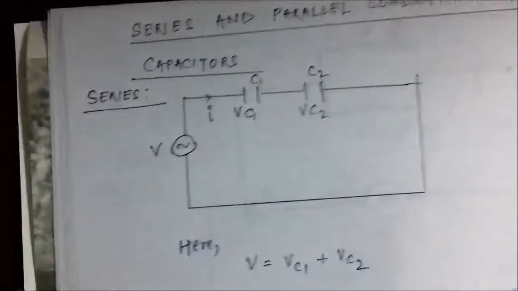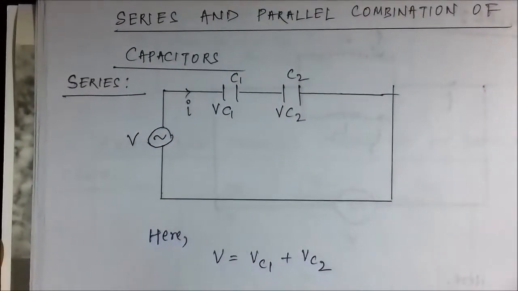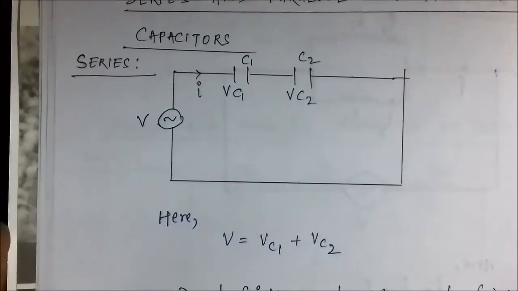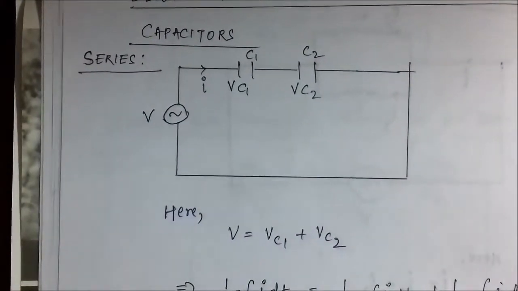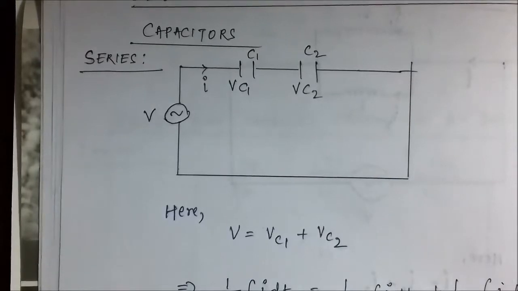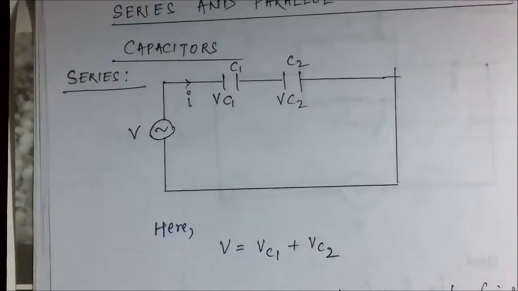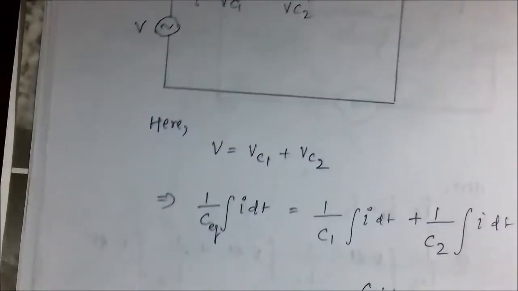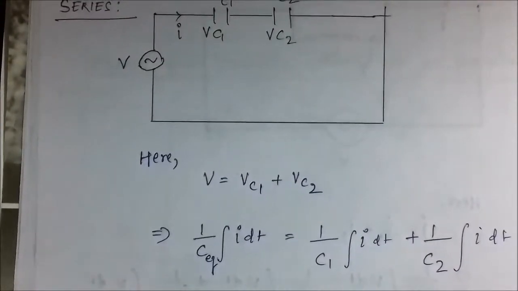Next comes the series and parallel combination of capacitors. First is series combination of capacitors. Now here two capacitances C1 and C2 are connected in series across an AC voltage source V. First we apply Kirchhoff's voltage law.